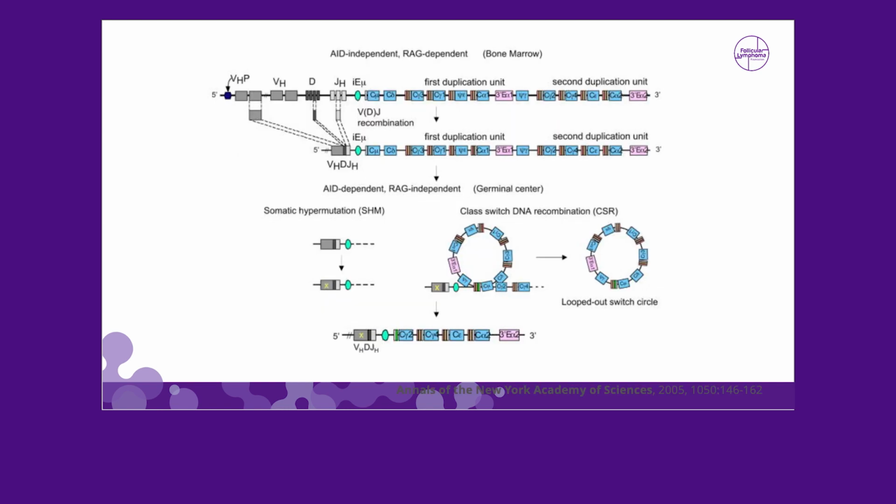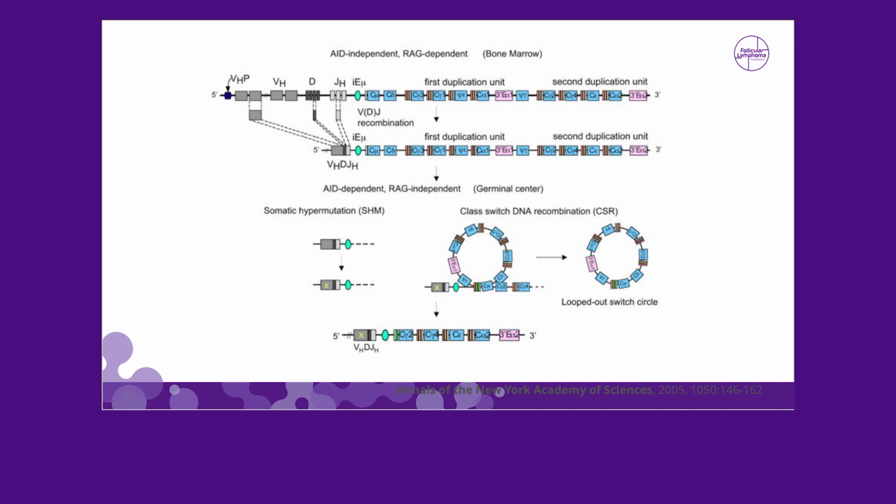These are the two main processes that result in the huge diversity of immunoglobulin genes. Actually, it's a fascinating system that results in an unlimited repertoire of immunoglobulins and surface molecules that can recognize any bacteria, any virus, even viruses that we never met.